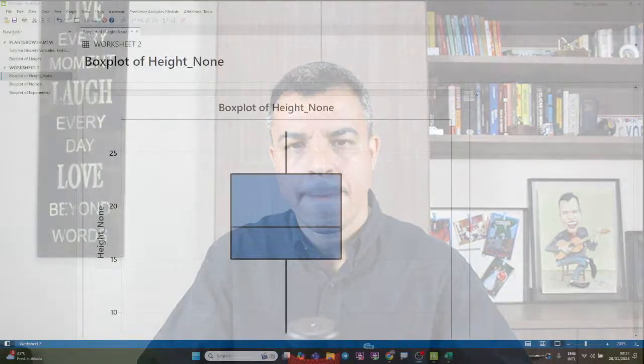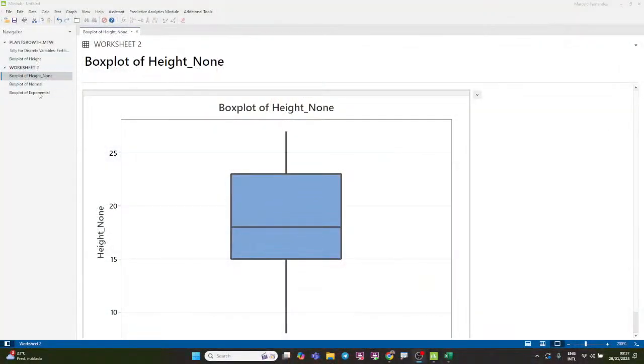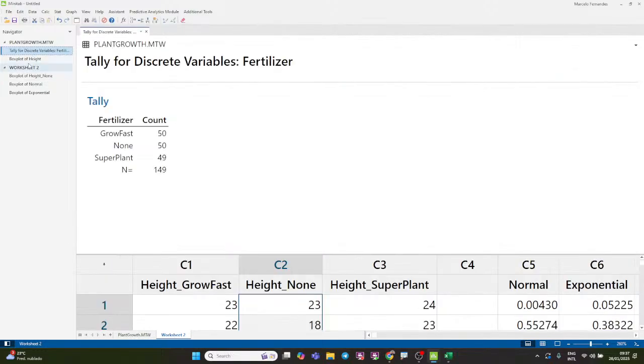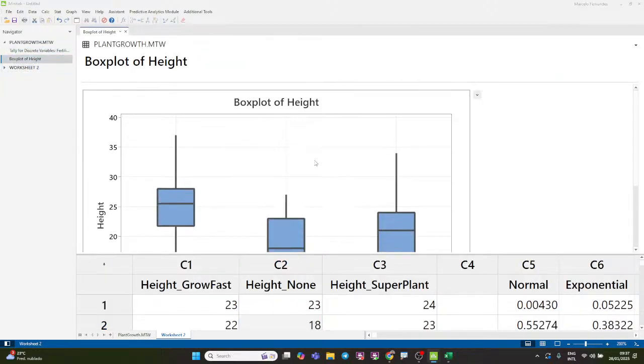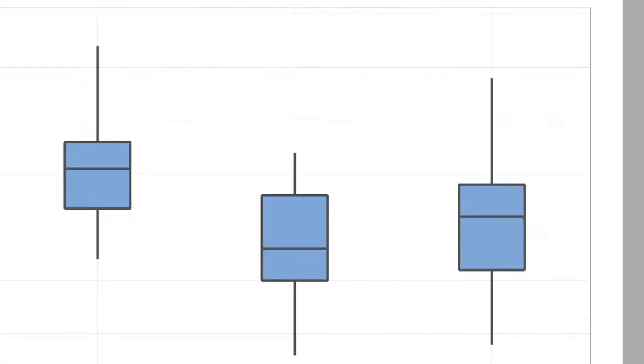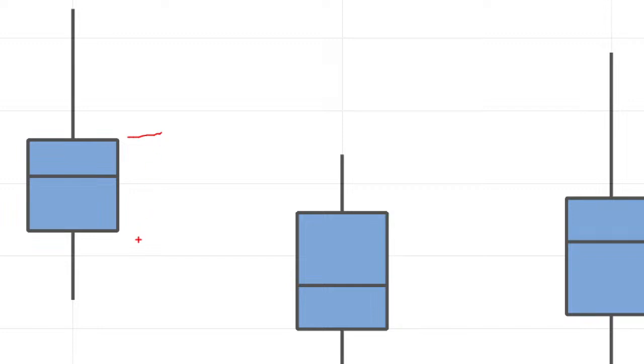If your box plot is symmetric, it's not extremely close to the standard deviation. Yeah, and we can compare these numbers here. If I take a look at the 3 different box plots, I can see that Grow Fast has the shortest interquartile range.